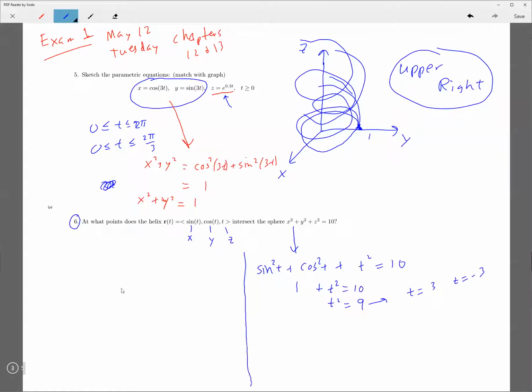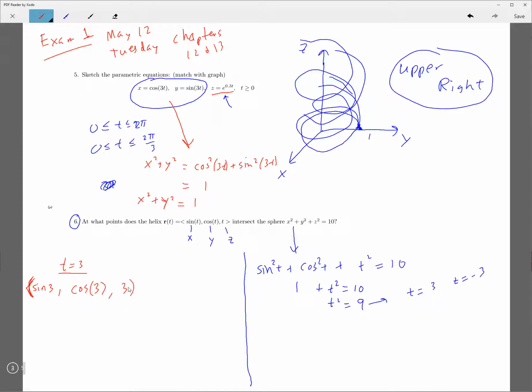Okay, so I'm going to kind of do it backwards. Now we have t equals 3, and you can plug it into this one right here. So you have sine 3, cosine 3, and 3. It's supposed to be points, so we use round.